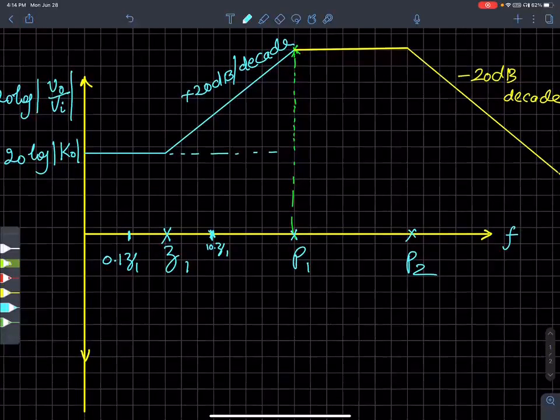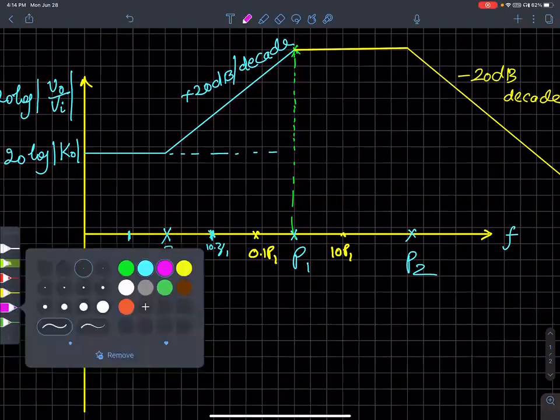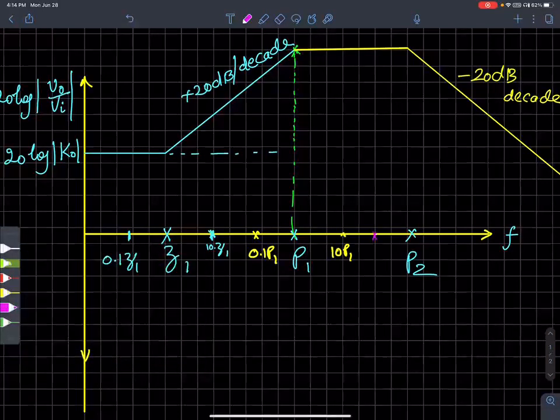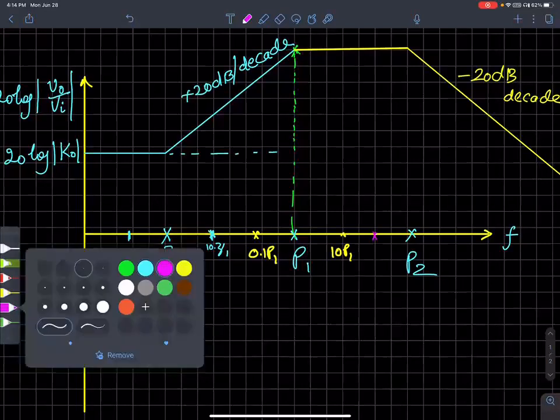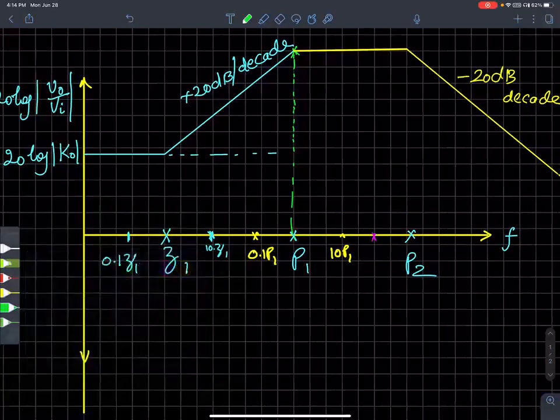Similarly, when you're looking at the pole frequency, these numbers become important: a tenth of P1, 10 times P1. Similarly, the same thing here as well: a tenth of P2 and 10 times P2.